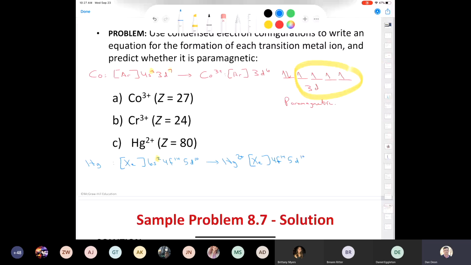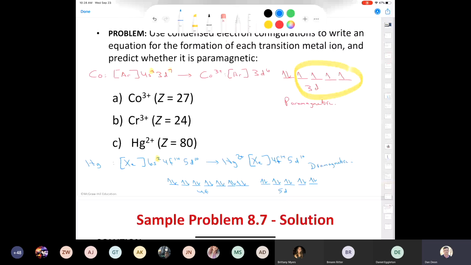Now if I write out all the 4f orbitals, there are 7 4f orbitals and 5 d orbitals. I have 14 electrons in the f orbitals. That's all full. And 10 in the d orbitals. That's all full. And so this ion is diamagnetic.